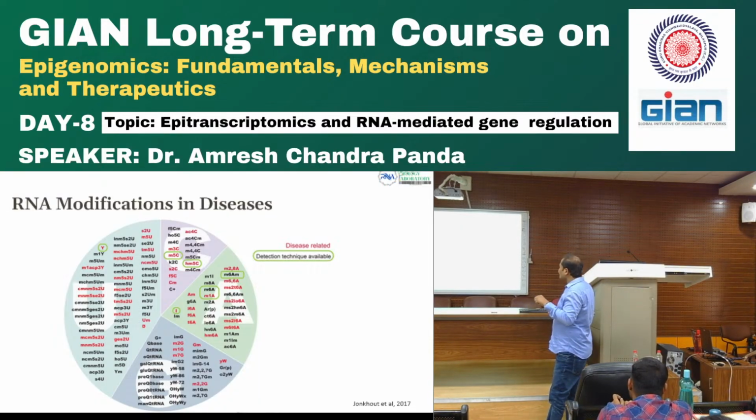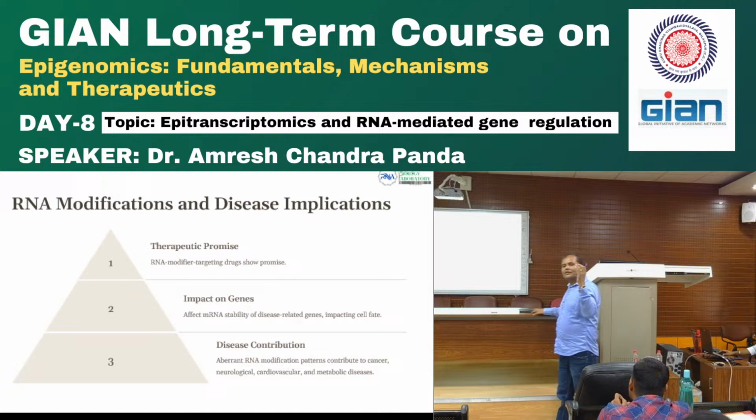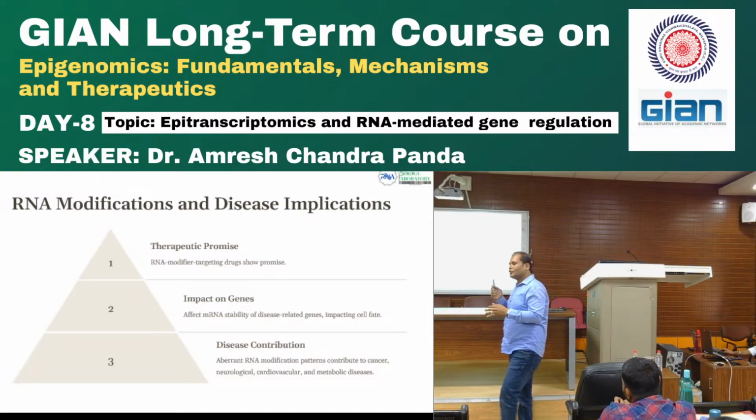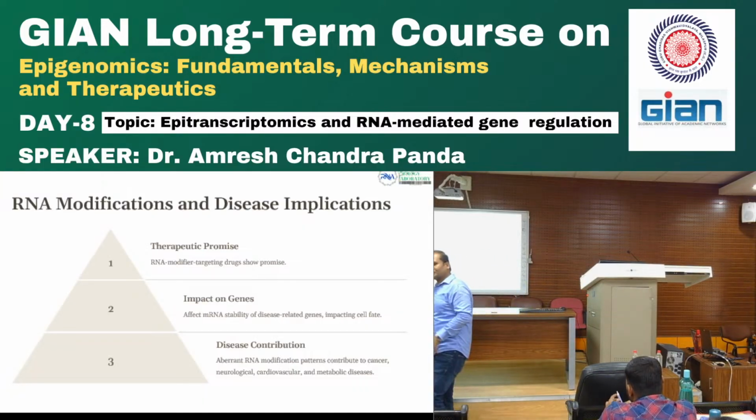So as I said, the modified oligonucleotides can be of importance for therapeutic implications. And if you know some modification is increasing the stability of the RNA, you can use that for mRNA vaccines, right?